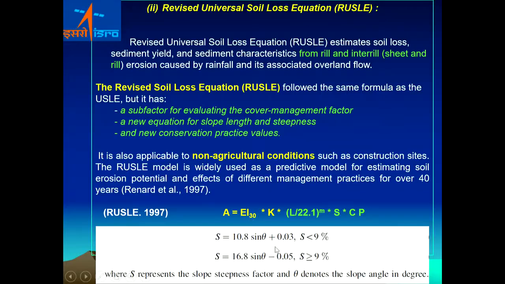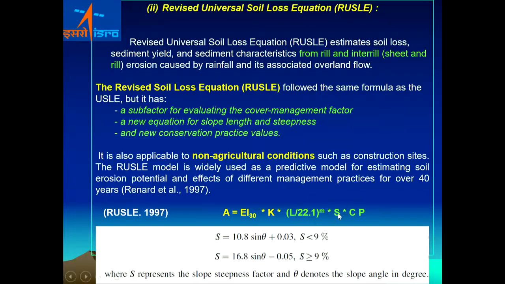The major improvement was that if the slope is less than 9% or more than 9%, then there are two different equations. But in USLE, only one equation was there for the S factor, for any slope.